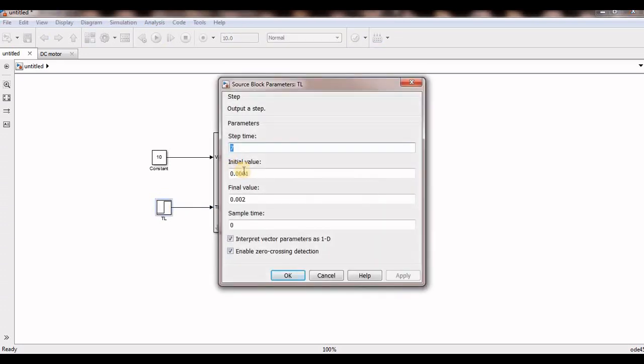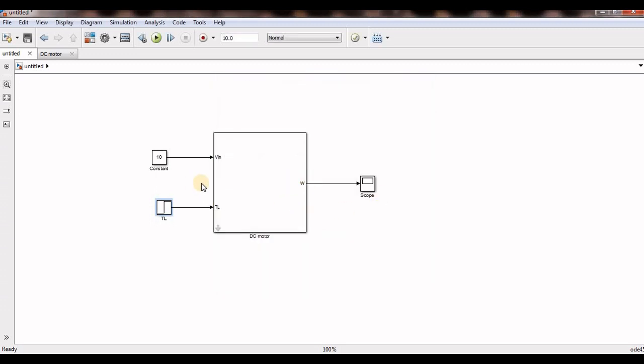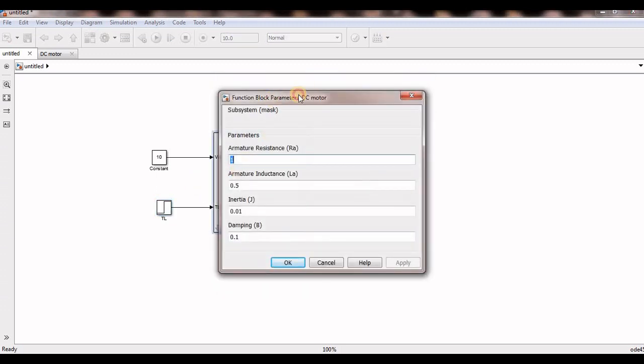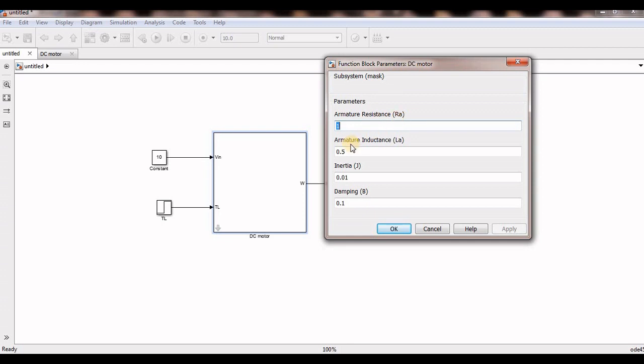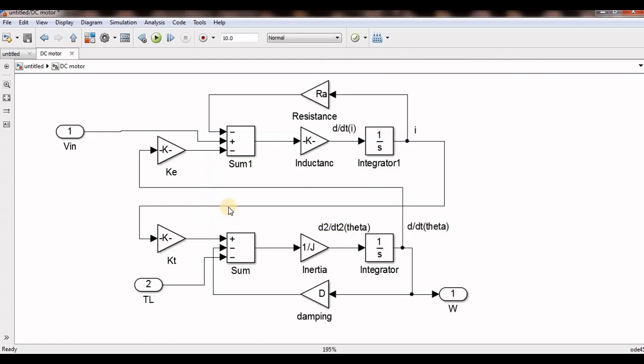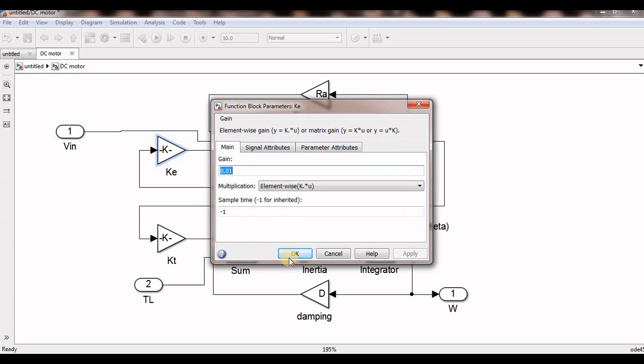The initial load is this one and the final load is almost 20 times. So my speed is reducing. These are the parameters: armature resistance, armature inductance, inertia J and damping coefficient B. And I consider Ke equal to Kt, which is 0.01.